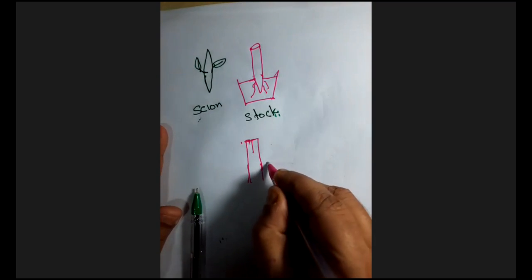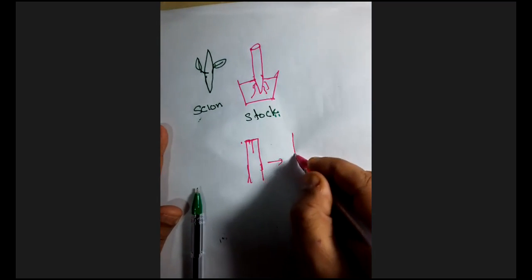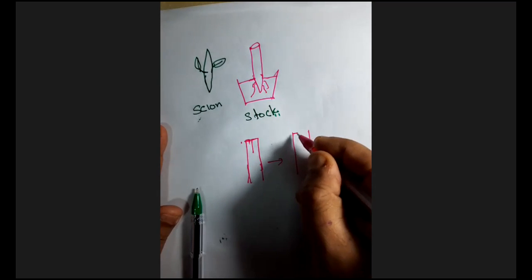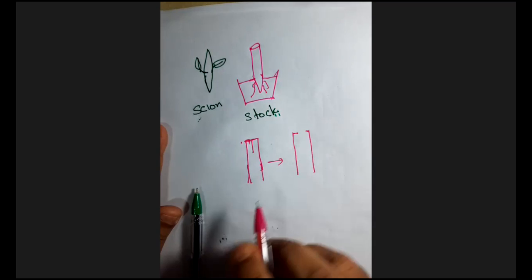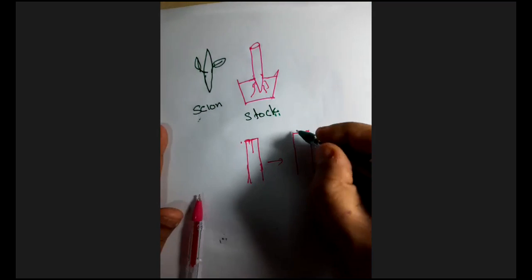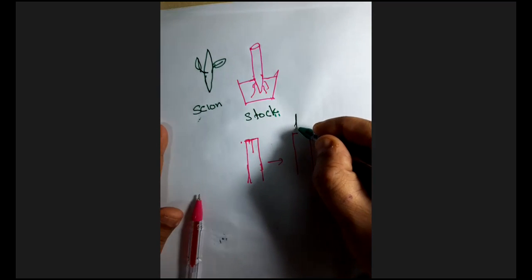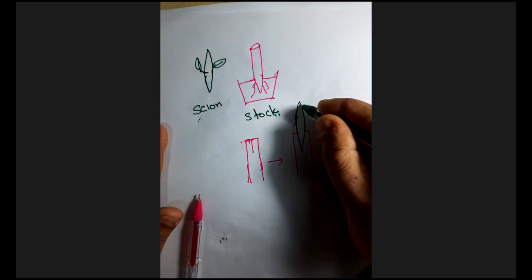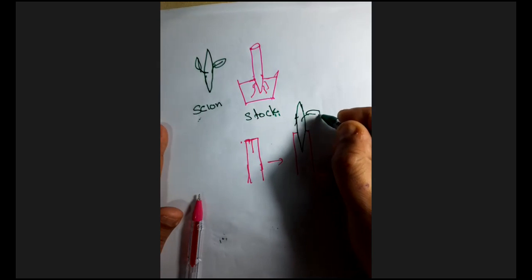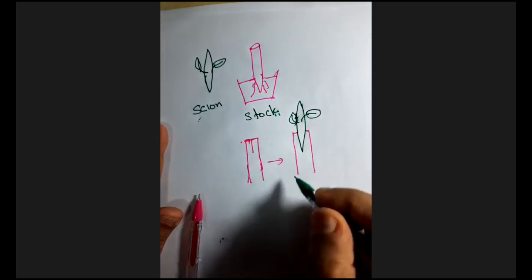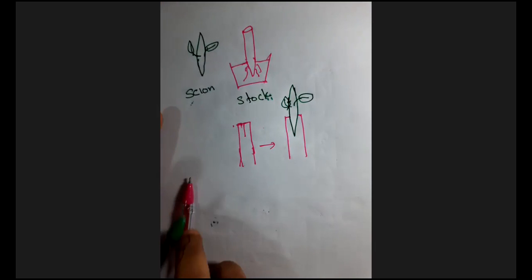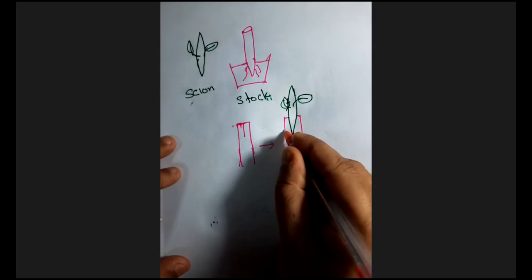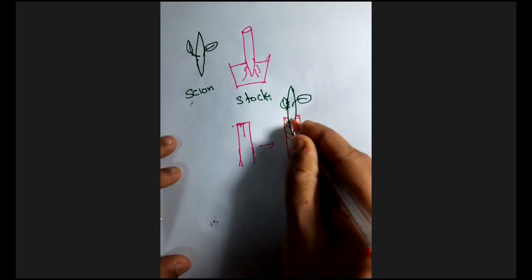Then carefully insert the twig part you have brought inside it. Thereafter, you have to tightly tie it with tape.